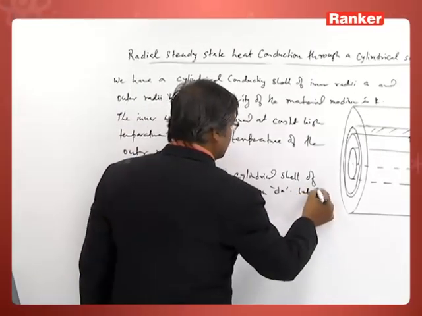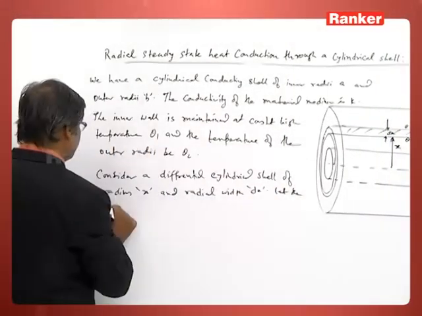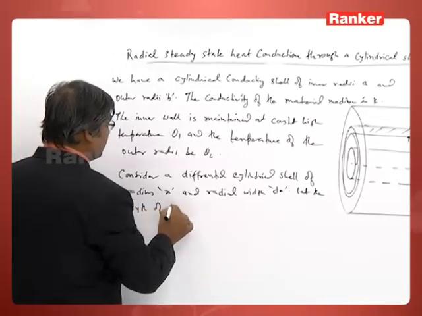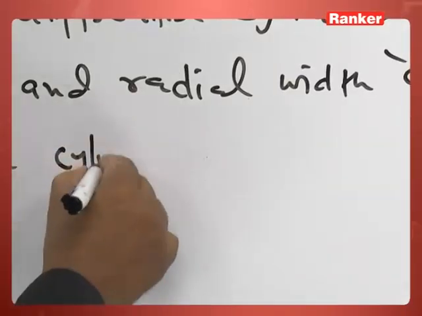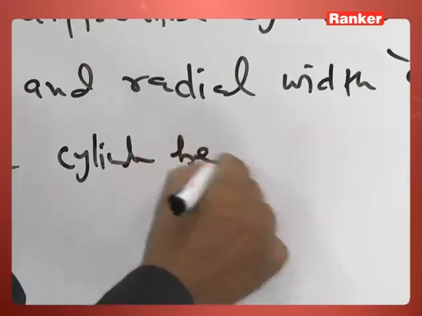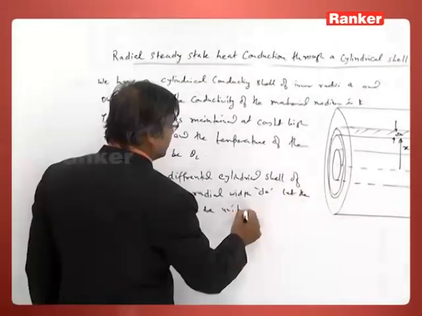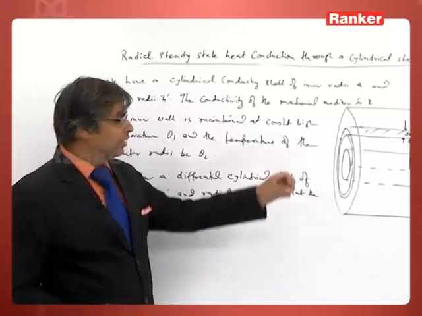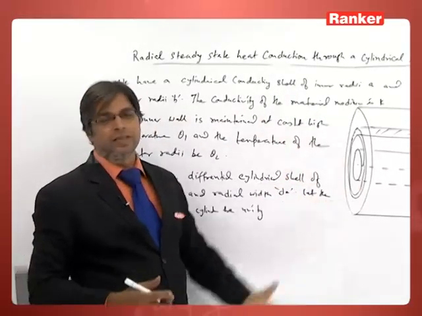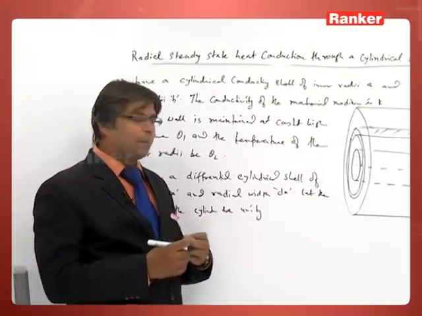Let the length of the cylinder be unity. So, unit length, that means I will be talking about radial heat conduction per unit length, heat current per unit length.